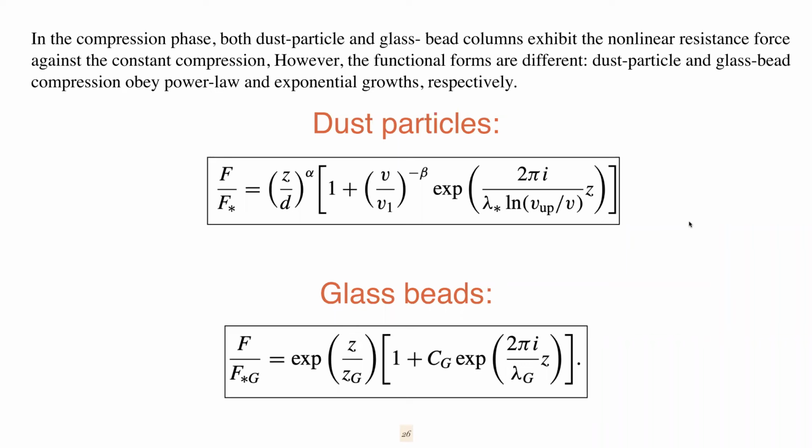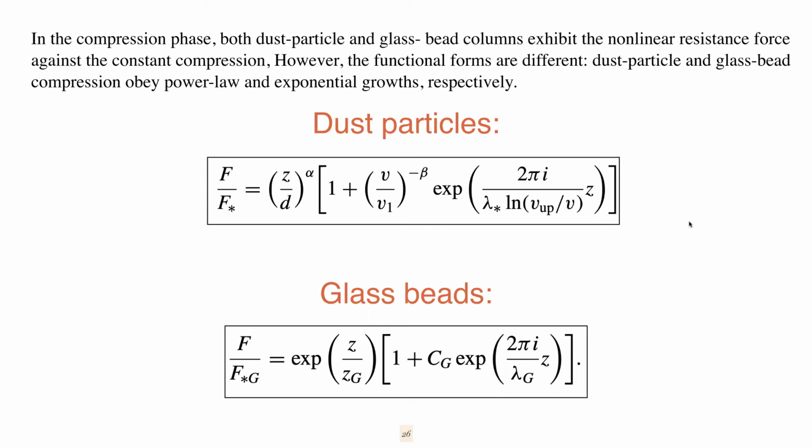Well, we believe the main difference is that those particles are soft, so you can deform them before crushing or before moving the particles. While the glass beads are rigid, the deformation of the glass beads for this amount of applied stress is negligible compared to those particles.